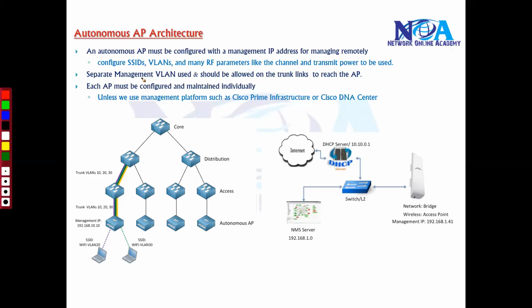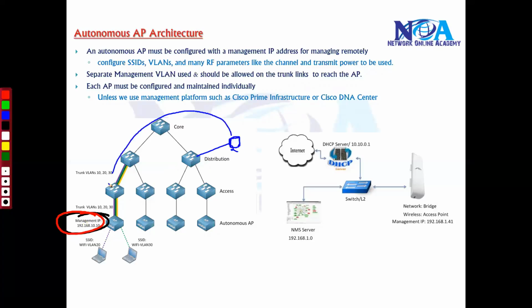Now, one more thing we need to know, we will be using a separate management VLAN. If you remember the VLAN basics topic in the CCNA probably, in the VLAN basics we use something called a management VLAN, which is going to separate the management traffic from the normal user traffic. So we'll be using a separate VLAN again for management. And let's say from here, I want to access the access point.